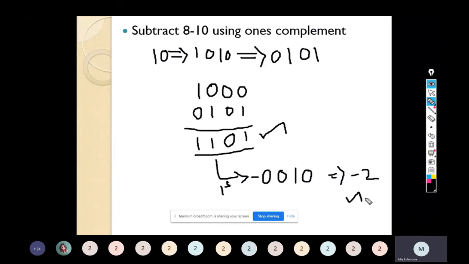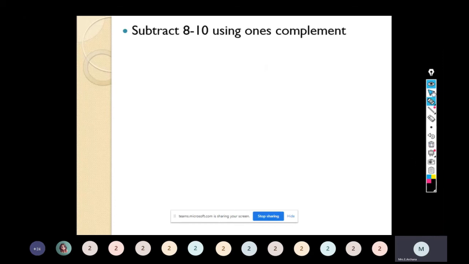Smaller number minus bigger number means there is no carry. If we subtract a bigger number minus smaller number, surely there will be a carry. When we subtract a smaller number minus bigger number, there will be no carry, so we take 1's complement for the obtained result and put a negative sign.